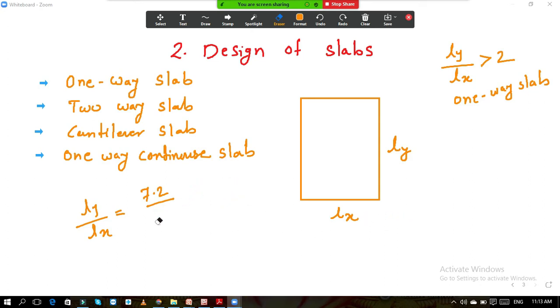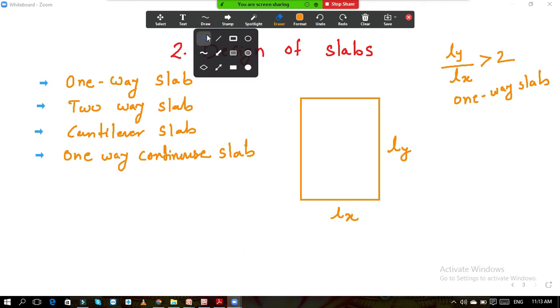Now, what is the significance of a one-way slab and how is the load transferred? Any slab is supported at the bottom by beams. You have always seen that below a slab there are always beams.